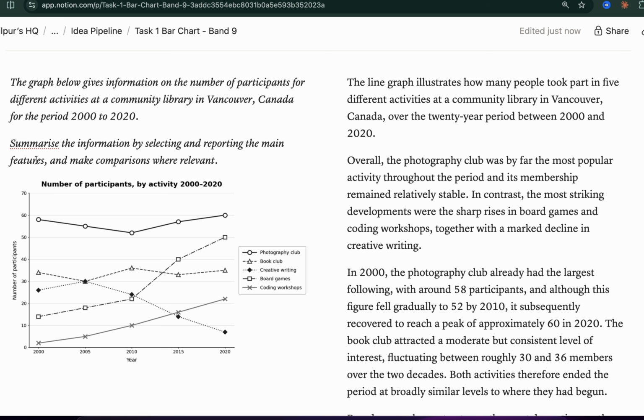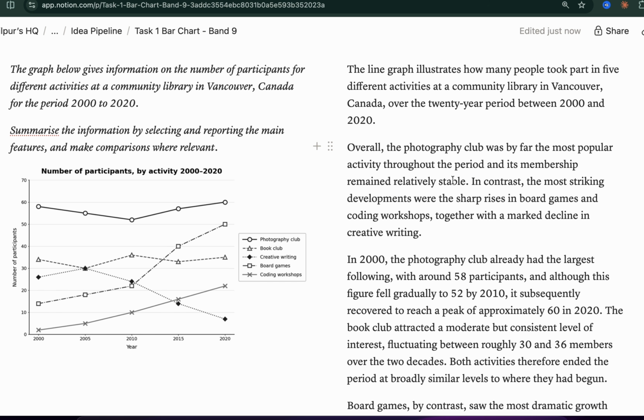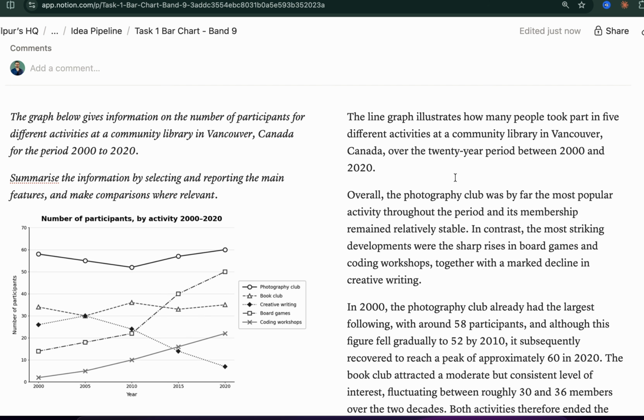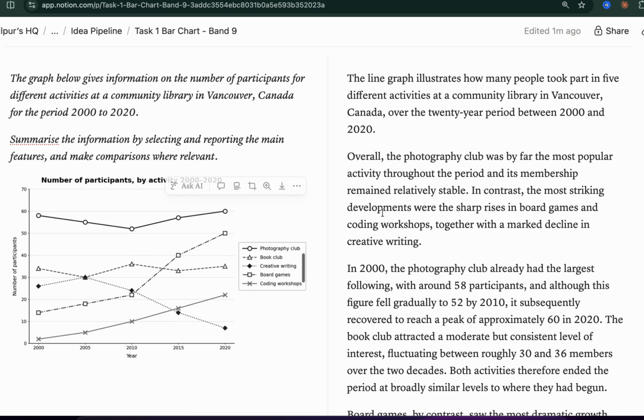We talked about main features, main increases, main decreases, and remaining stables, and we had comparisons where we found it relevant. And it's obviously more than 150 words. And there you go. We actually wrote a very high band task 1 report for a challenging line graph.